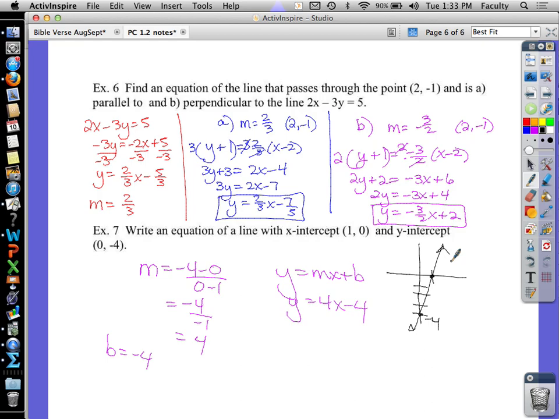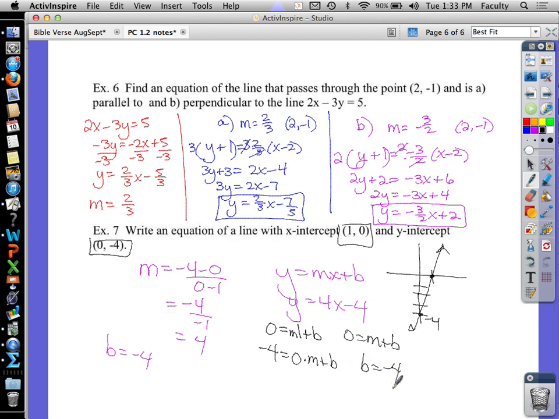You know what's interesting? Did anybody else do it a different way? In the other class, Scott did his completely different. What he did is he took the 2 points and plugged both of them into y equals mx plus b. So he said 0 equals m times 1 plus b. And then he took the other one and he said -4 equals 0 times m plus b.